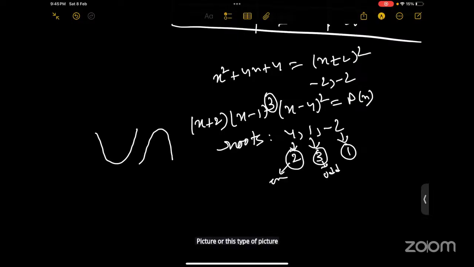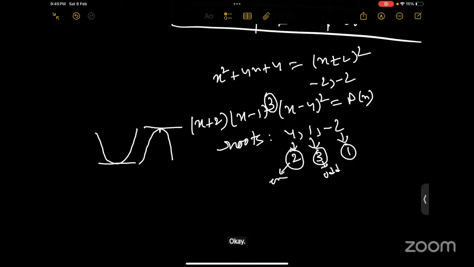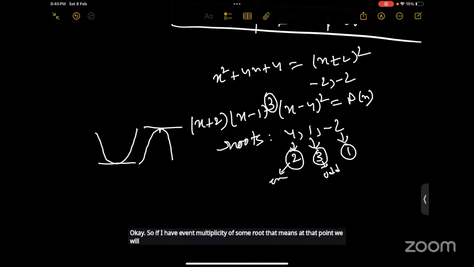At that point, if I want to draw the tangent, it will be the line which touches the graph, parallel to the x-axis.